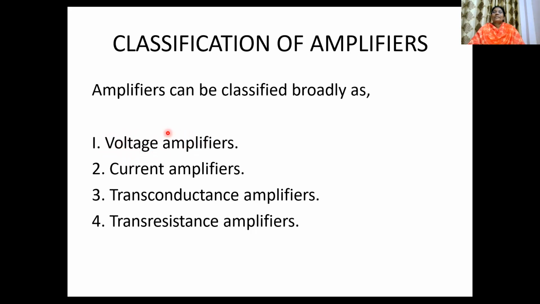In a current amplifier, the input is a current source and the output is also a current source. In a transconductance amplifier, the input is a voltage source and the output is a current source. In a transresistance amplifier, the output is voltage and the input is current.